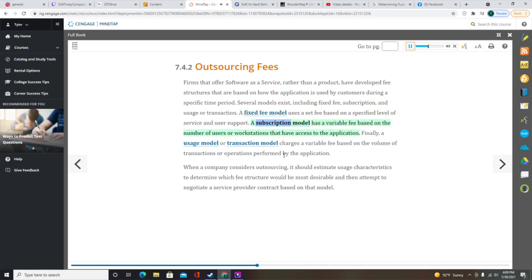A subscription model has a variable fee based on the number of users or workstations that have access to the application. Finally, a usage model or transaction model charges a variable fee based on the volume of transactions or operations performed by the application. When a company considers outsourcing, it should estimate usage characteristics to determine which fee structure would be most desirable and then attempt to negotiate a service provider contract based on that model.